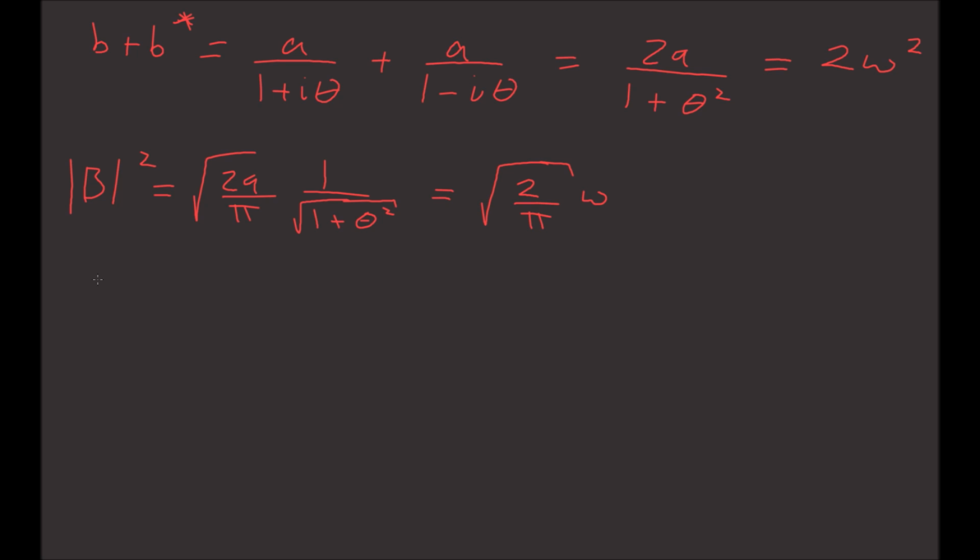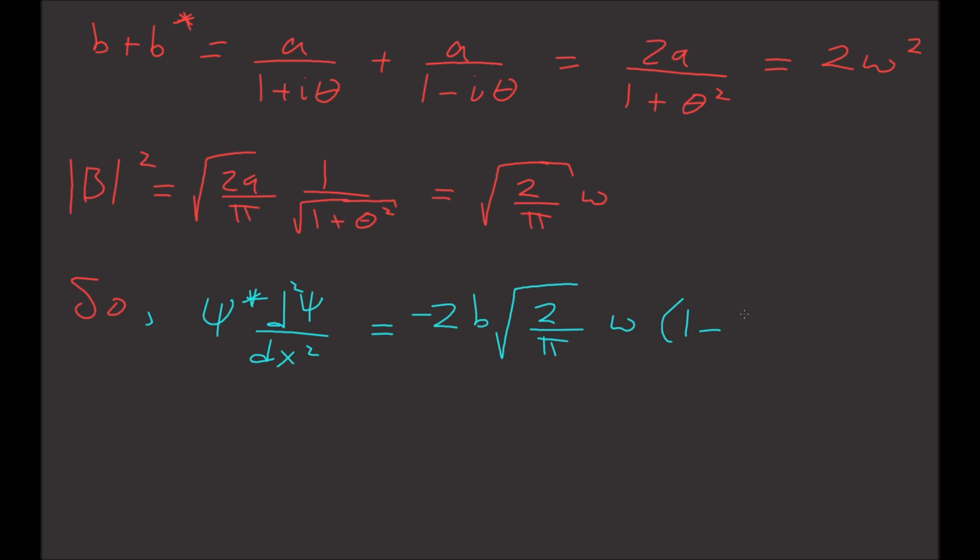Alright, so let's go back to the original color. We have psi star times the second derivative of psi with respect to x equals minus 2b times the square root of 2 divided by pi times omega times 1 minus 2b x squared times the exponential part, e to the minus 2 omega squared x squared.